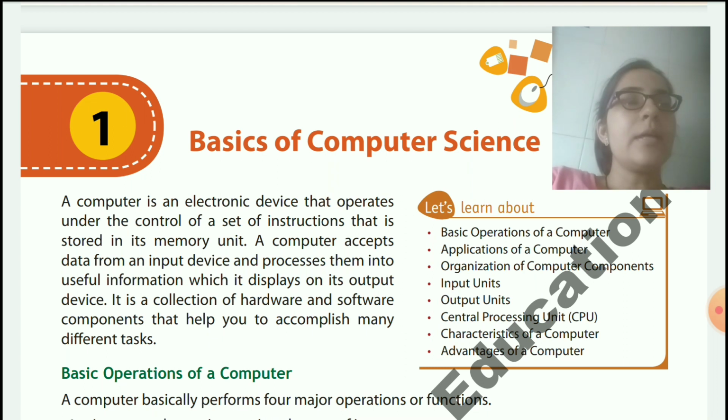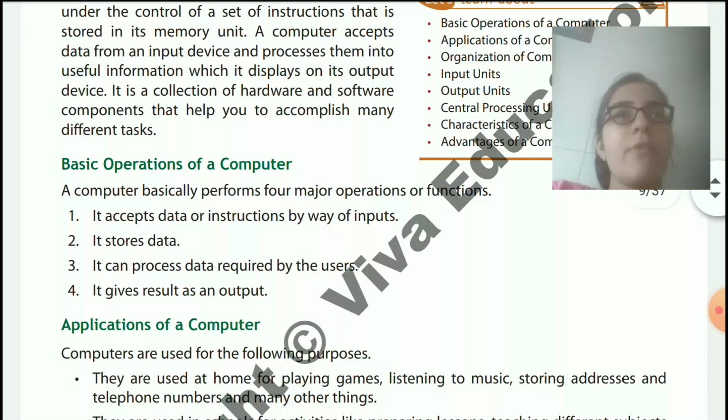After that, the instructions go to the CPU, the processing unit, where the processing happens. Finally, the output is displayed on the monitor screen. This is how the computer works. It works on an IPO cycle. Which cycle? IPO cycle. And what is the full form of IPO? Input, processing and output.